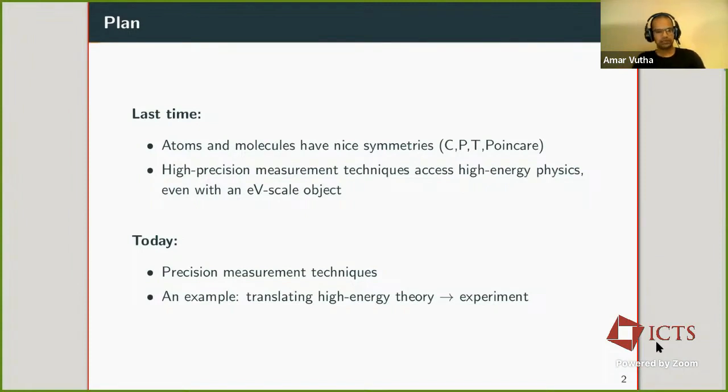And today, if we have time, I'll also walk you through the entire process, going from beyond standard model physics, or at least one model of beyond standard model physics, through all the stages to the experimental level, where we can start talking about how such a thing is actually measured in the lab. Again, please feel free to interrupt and ask questions if you want me to stop at any point and go over anything you haven't seen.